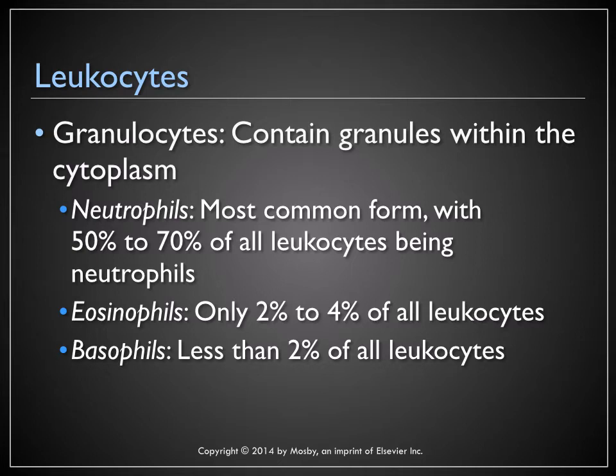The eosinophil has a similar function to the neutrophil, but it has a somewhat reduced ability for phagocytosis, and it is only 2 to 4% of the whole WBC lot. Basophils have chemical mediators such as heparin and histamine, and therefore they are part of allergic and inflammatory reactions. They make up less than 2% of all WBCs.